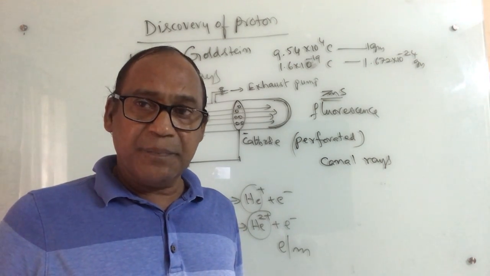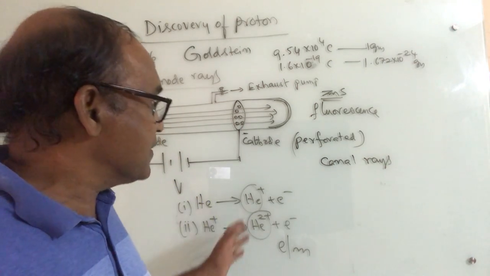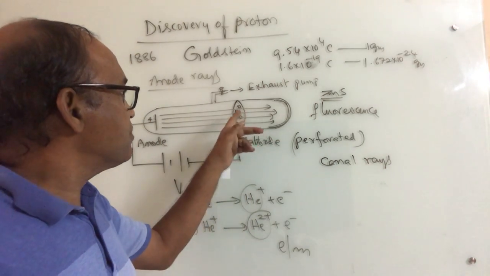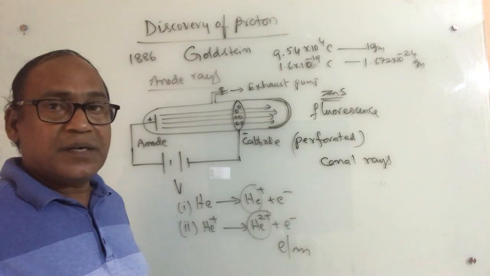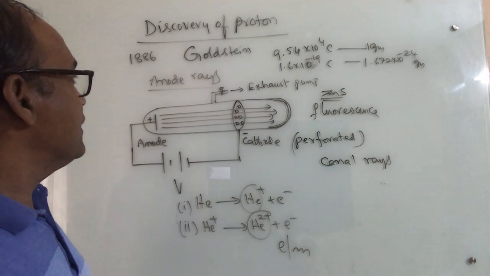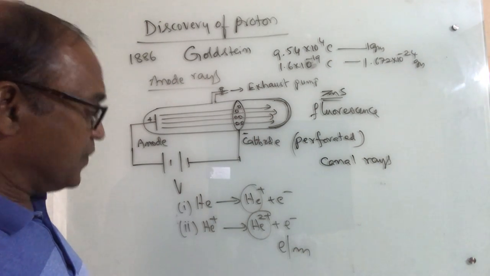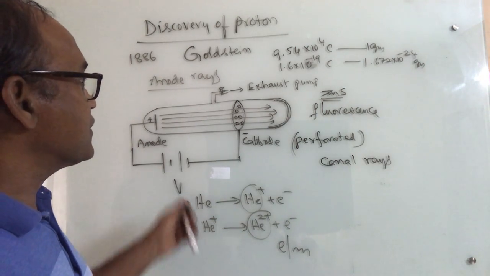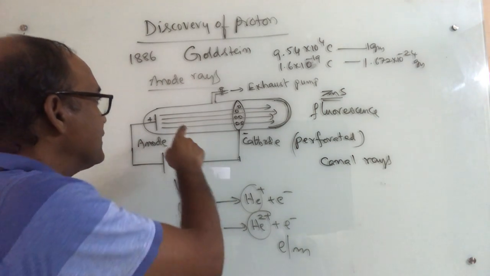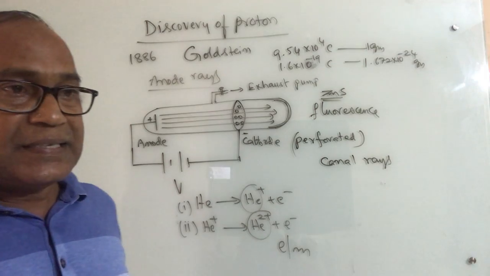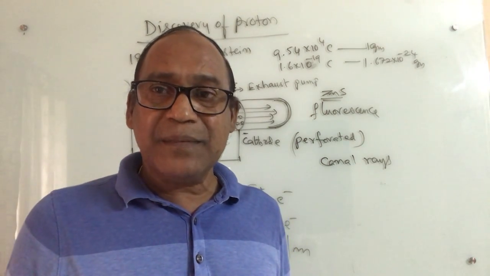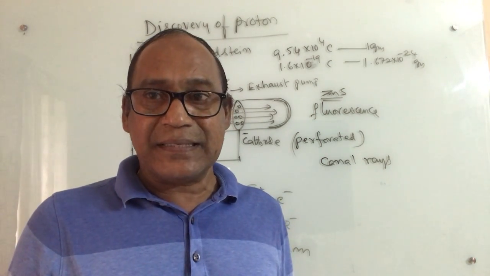Only in the case of the simplest one, that is when hydrogen gas is used, the positively charged particles are nothing but protons. Goldstein used hydrogen gas in which the protons were found. Those are in the form of rays. These anode rays are a stream of positively charged particles.